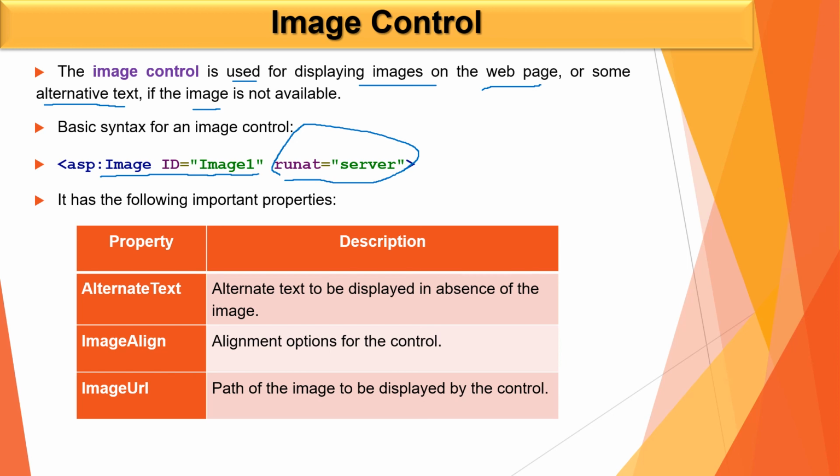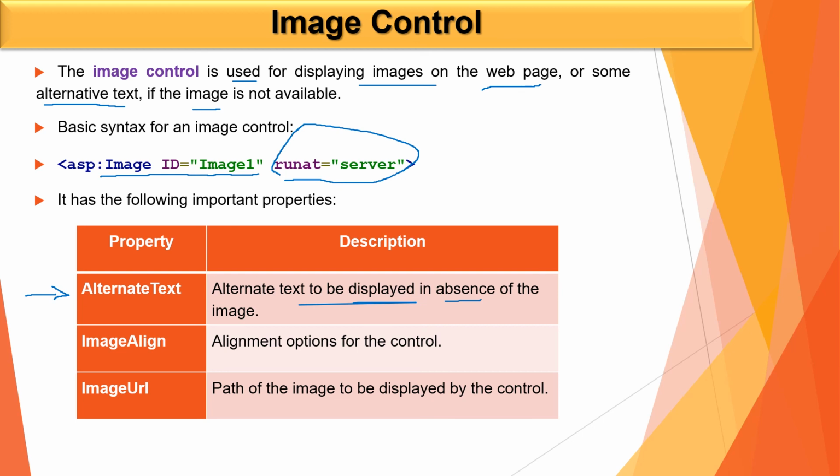This has the following properties. The AlternateText will be displayed in the absence of the image. If there is no image displayed on the browser, then some alternative text will be displayed or appear on that control.